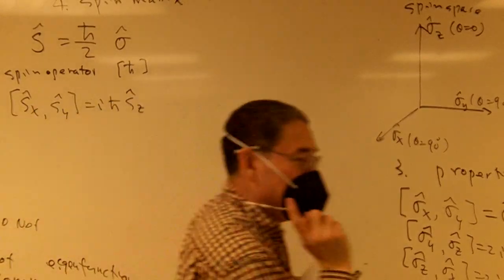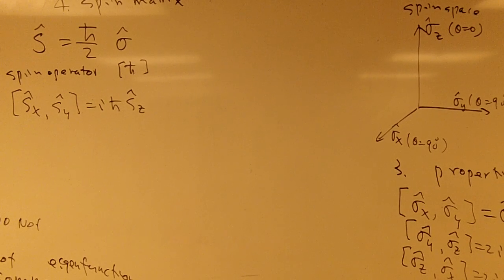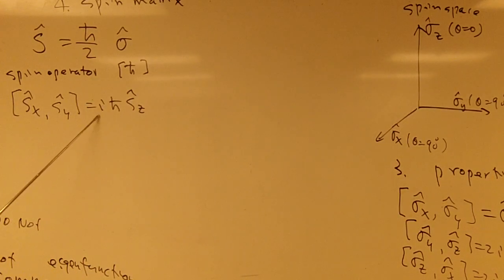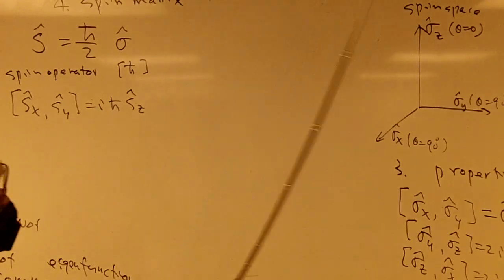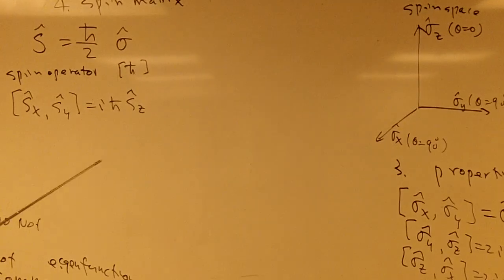Did you see there's no 2 anymore? See here there's no 2 now. What I did was, because we defined h bar over 2, that's why the 2 is gone. That's the main reason.